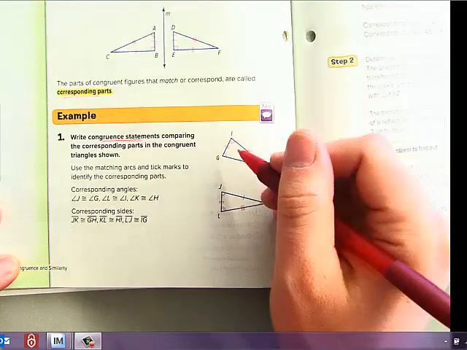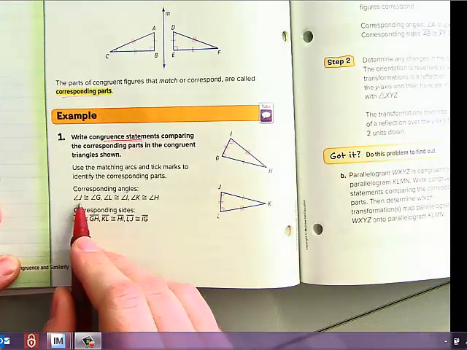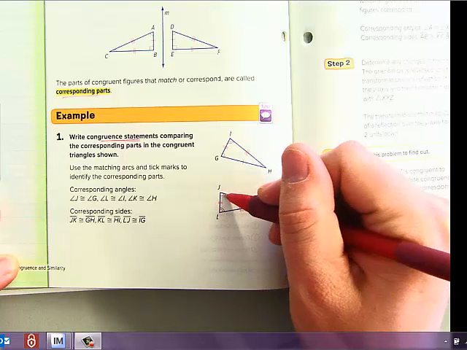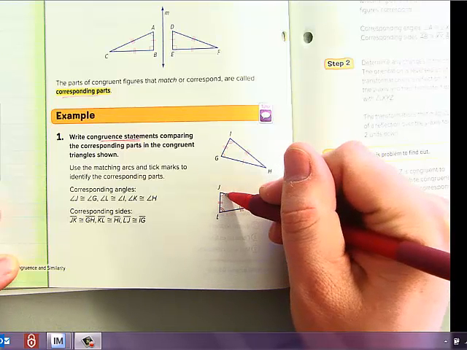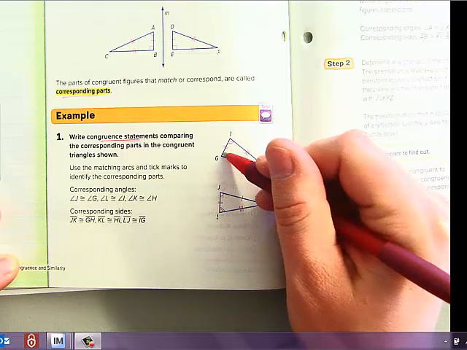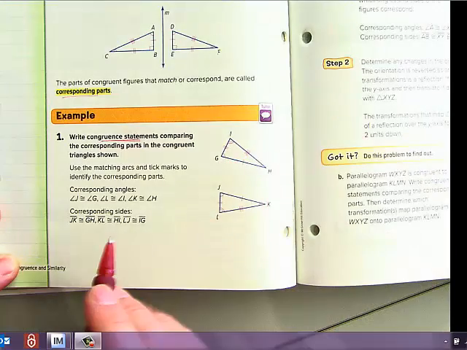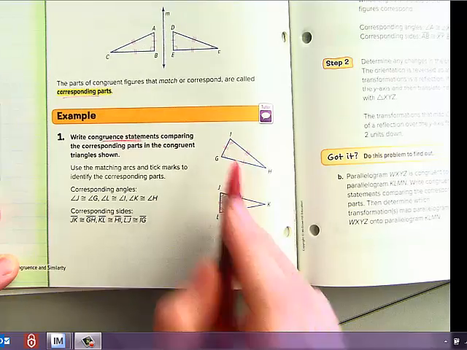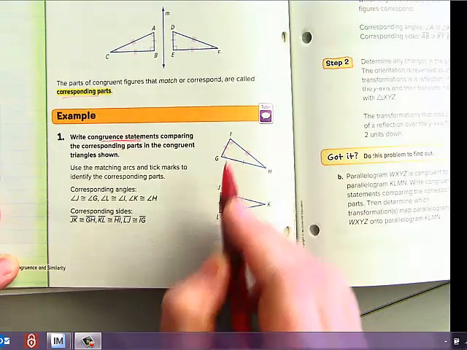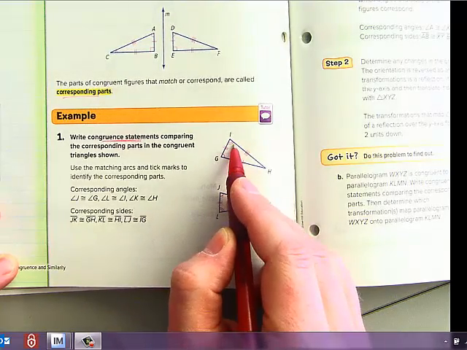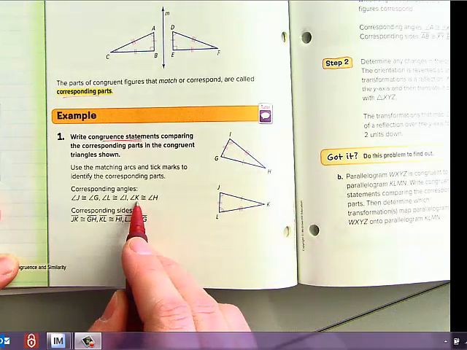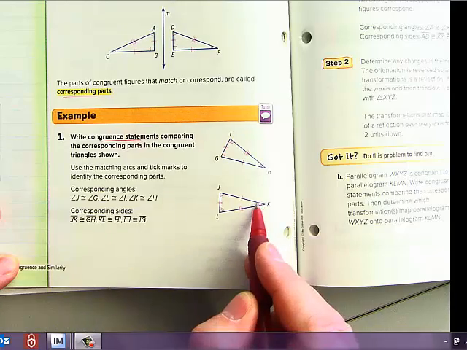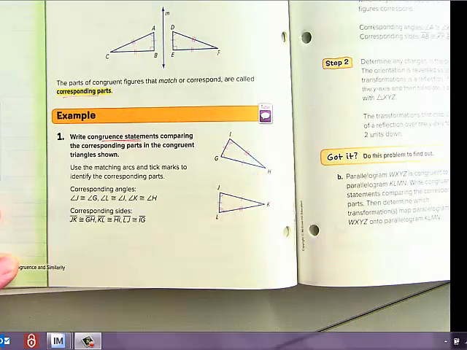So like here we have angle J is congruent to angle G. So what that means is that the one arc right here, J, matches up with the one arc here, angle G. Okay? So then angle L and I are together because L has two arcs and I has two arcs. Okay? And then angles K and H are corresponding because K has three arcs and H has three arcs, okay?